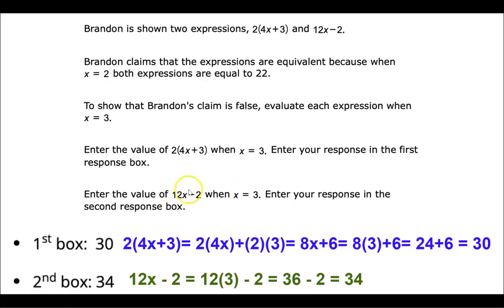This is already simplified as much as possible. Now we just plug in the value of 3 for x. So 3 times 12 is equal to 36, and you still have the minus 2. So 36 minus 2 is 34. And that is how you get 34 as the answer for the second box. That concludes how to do this problem.